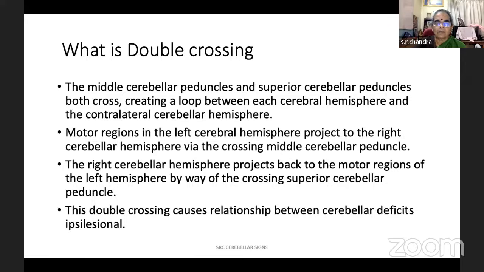So this double crossing cancels each other so that dysfunction manifests unilaterally. So this is double crossing: cortico-ponto-cerebellar crossing onward and olivo-dentato-rubro-thalamo-cortical crossing backward. These two crossings make the dysfunction unilateral, ipsilateral.